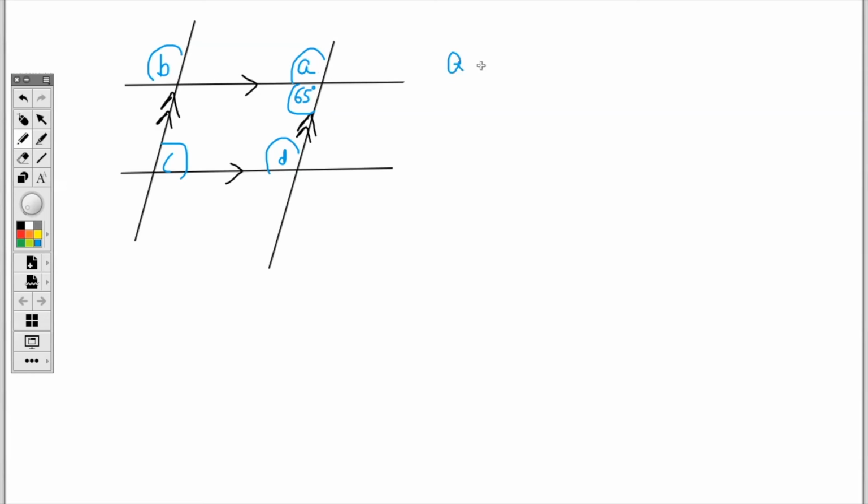So angle A is equal to 180 minus 65 degrees. So subtracting this, I will get 115 degrees. So this 115 degrees represents angle A. Angles on a straight line add to give me 180. So right here I'll have 115 degrees.